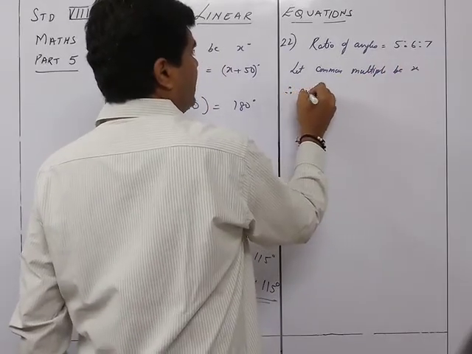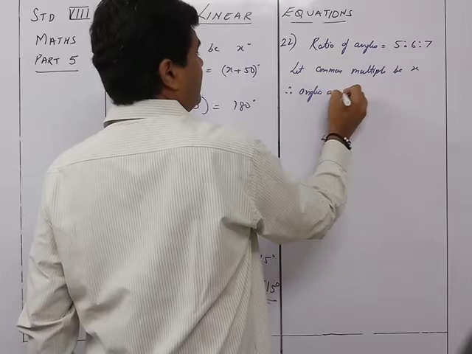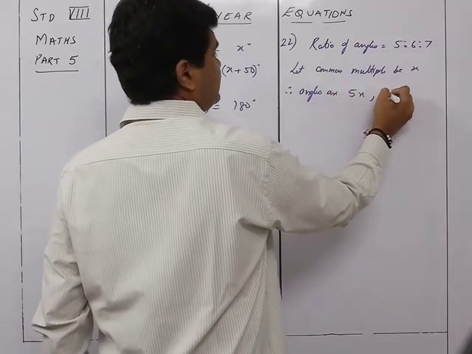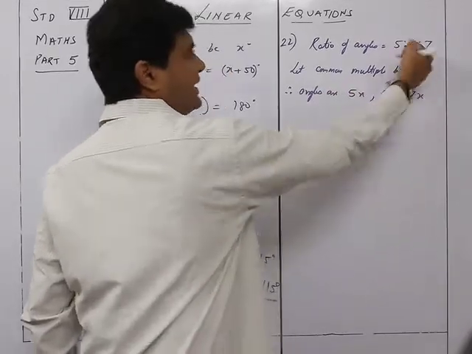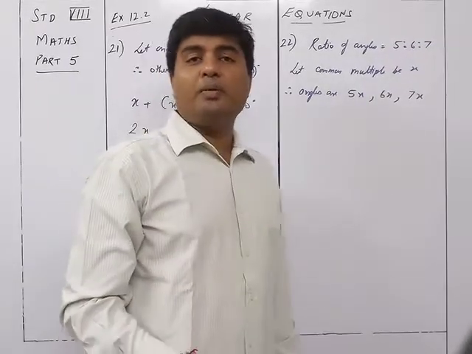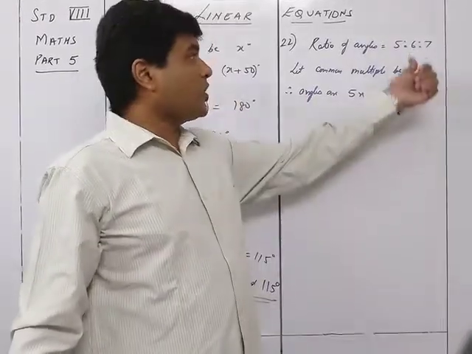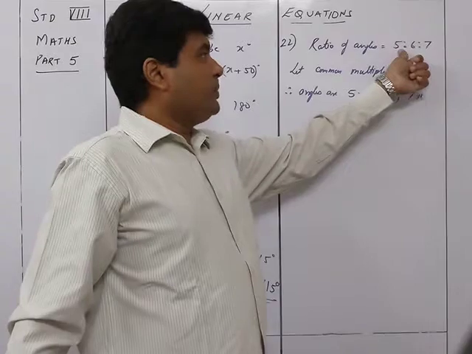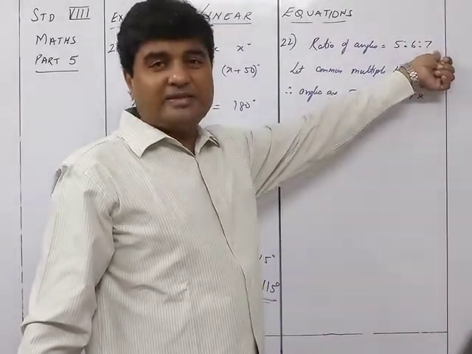Therefore, the angles are 5x, 6x, 7x. Because they are in ratio, you will be having a common multiple with them. So according to the common multiple, this will become 5x, this will become 6x, and this will become 7x.